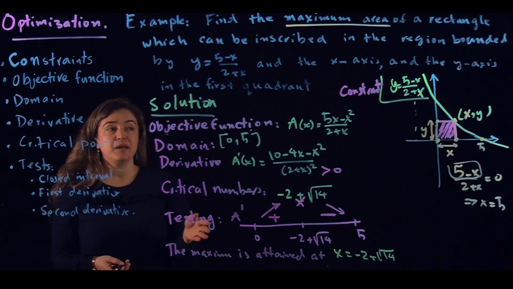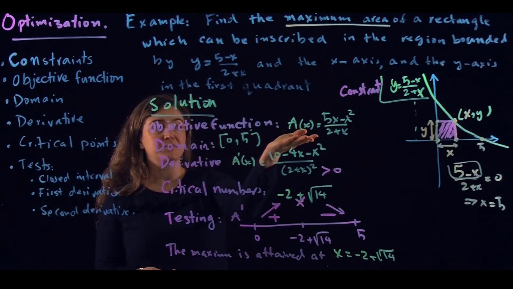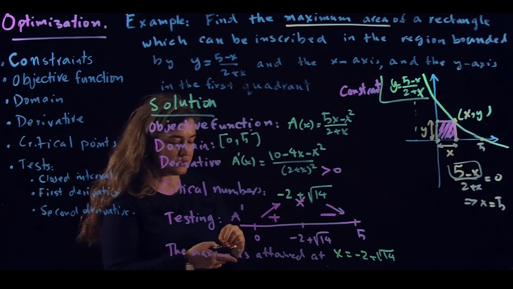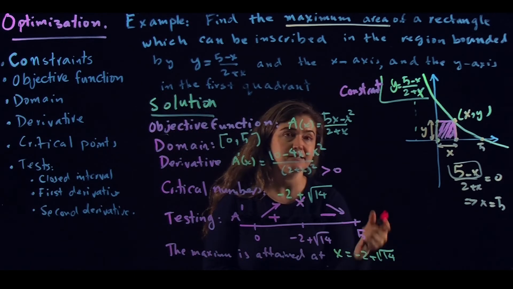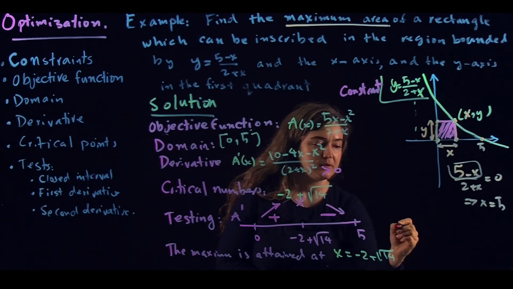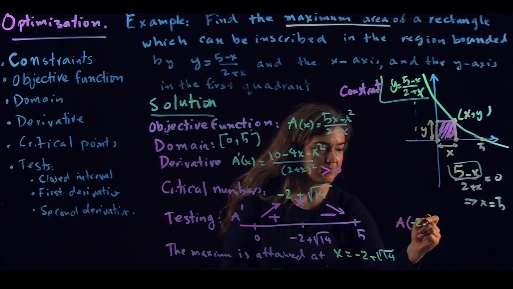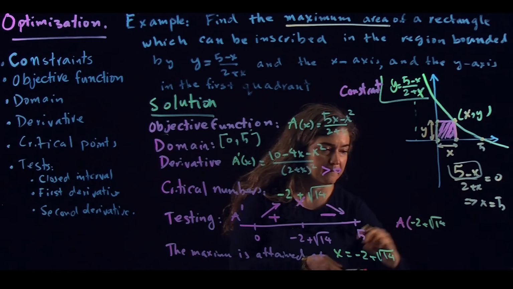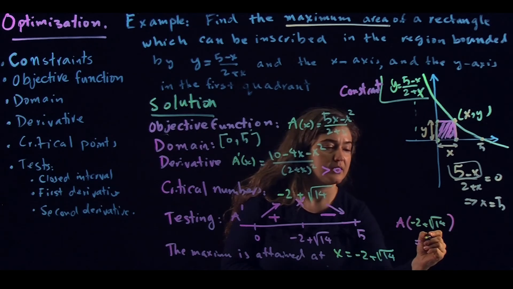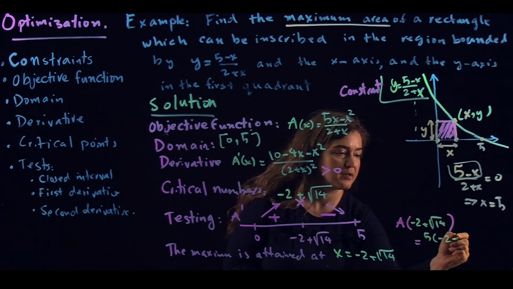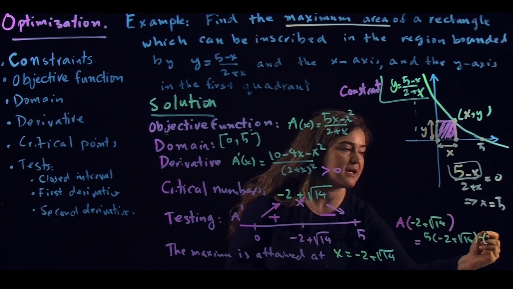The last step is to plug this one into the original to find that absolute maximum. So what we do is we plug in, we can calculate what value this is, plug it into the objective function. Or we can find the exact value.